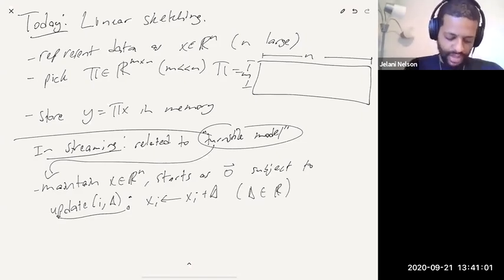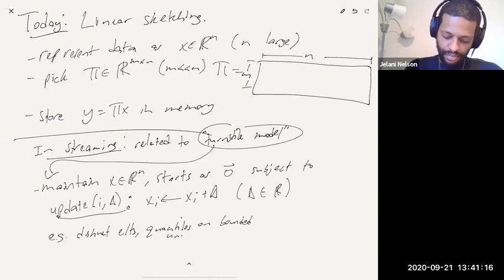So, when we talked about, for example, distinct elements, or even quantiles on a bounded universe, we always have delta just being 1, right?